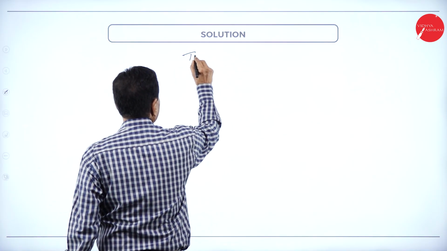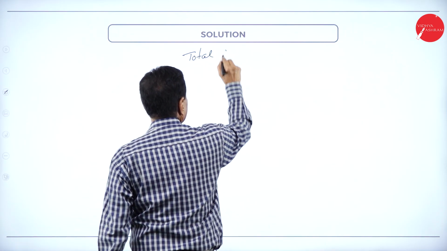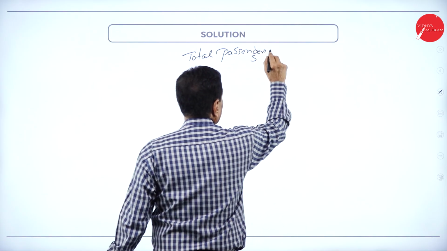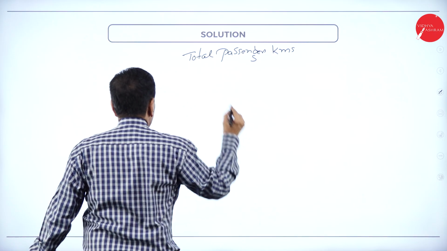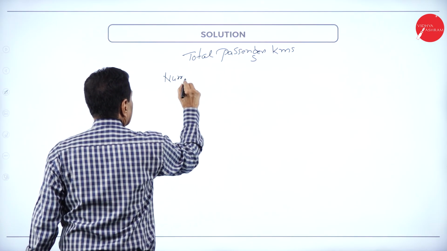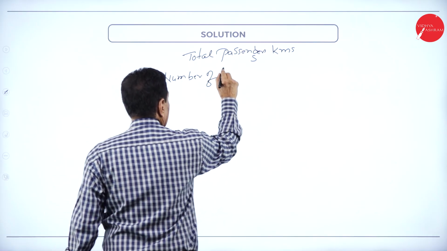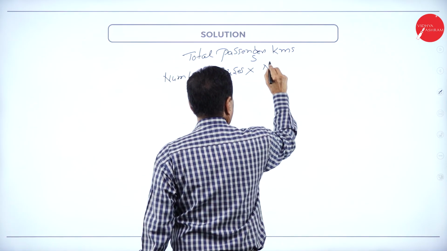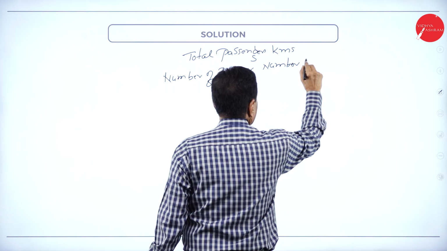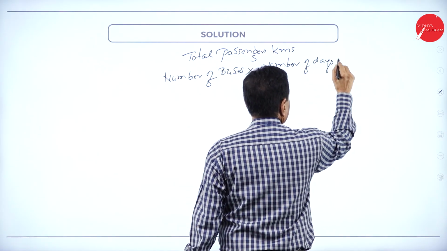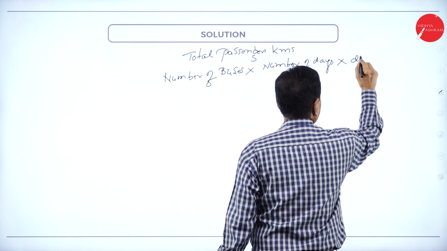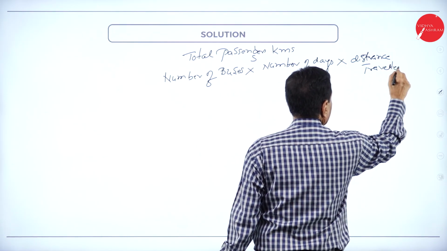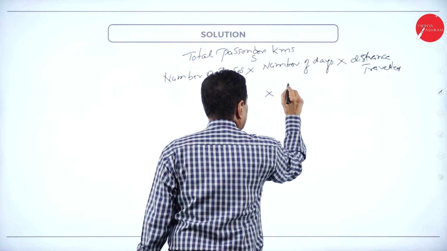Total passenger kilometers equals number of buses, multiplied by number of days, multiplied by distance traveled, multiplied by seating capacity.